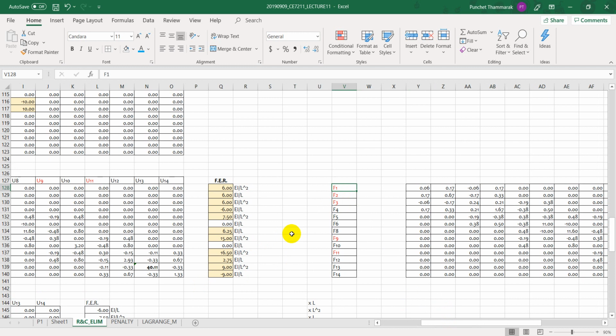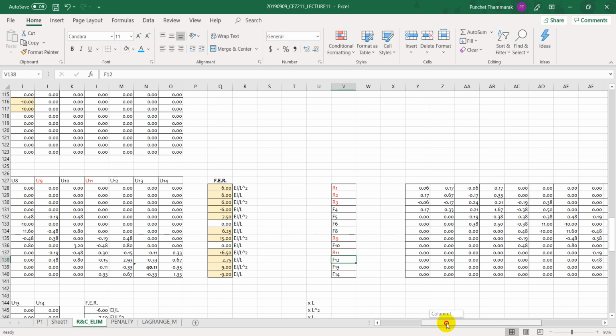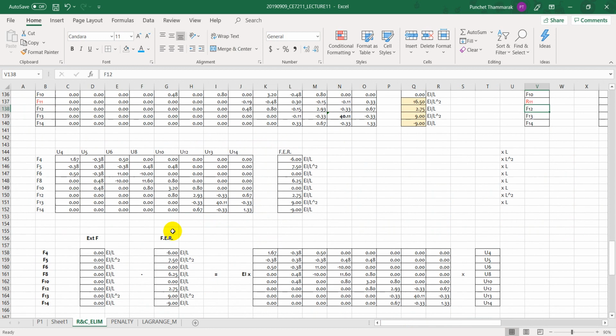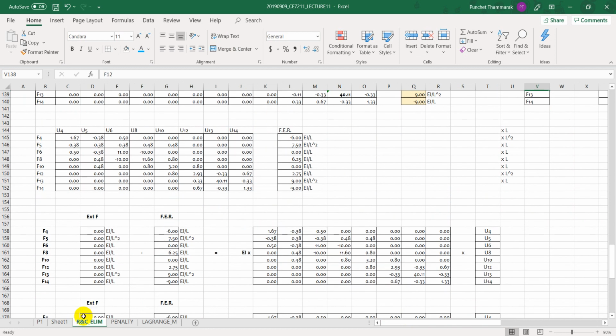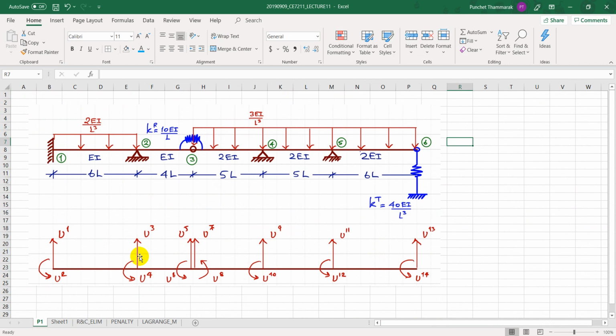You have only reactions. So F1, F2, F3 can be called R1, R2, R3 as a result. And then 4, 5, 6, let me obtain all of them. For 4, you don't have to apply moment, no applied point moment. 5, no applied point force. 6, no applied point moment.